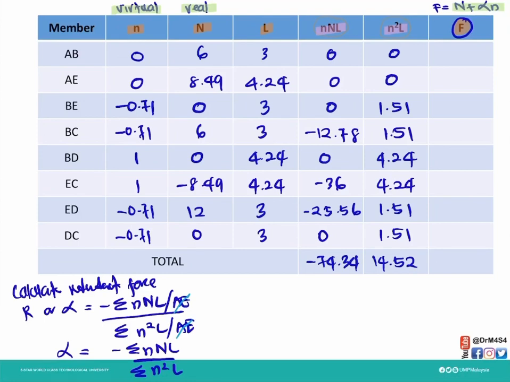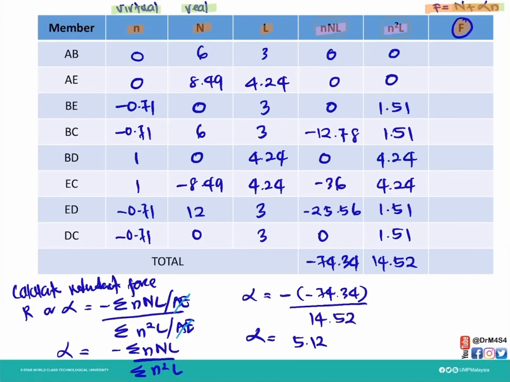So now let's find value for our alpha for this case. So this one is negative 74.34 divided by 14.52. So we get 5.12. So we get our alpha. Then we can use this formula to find force in each member.